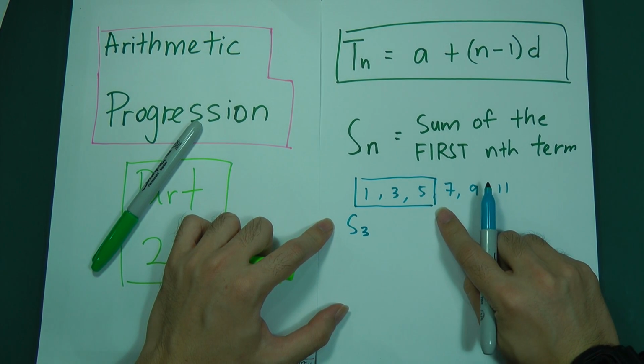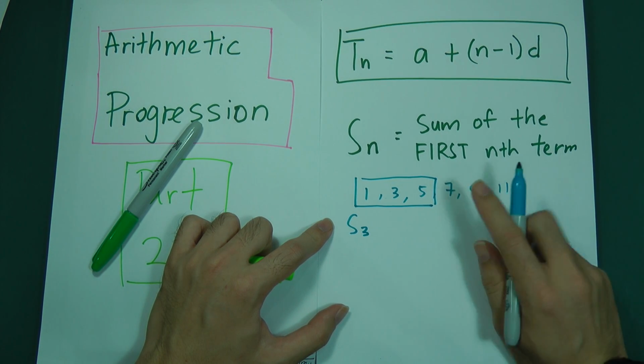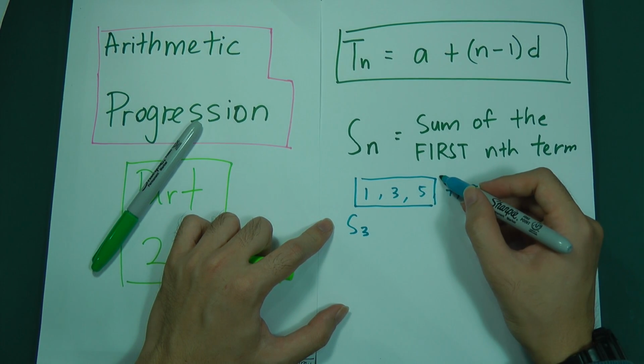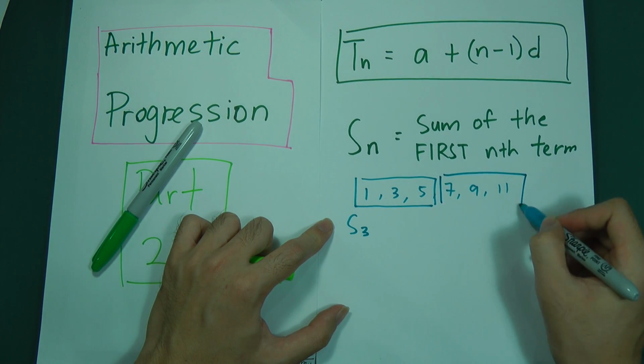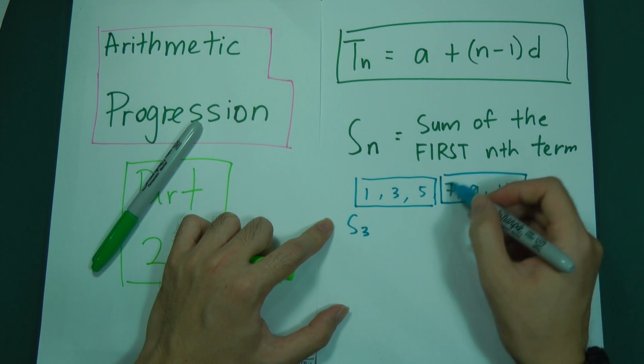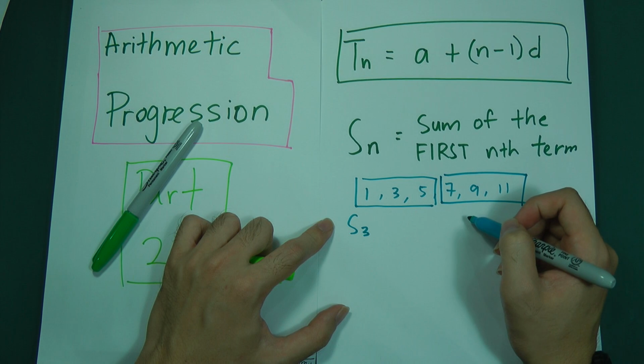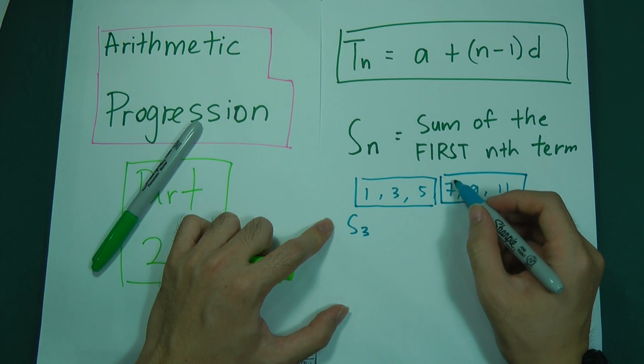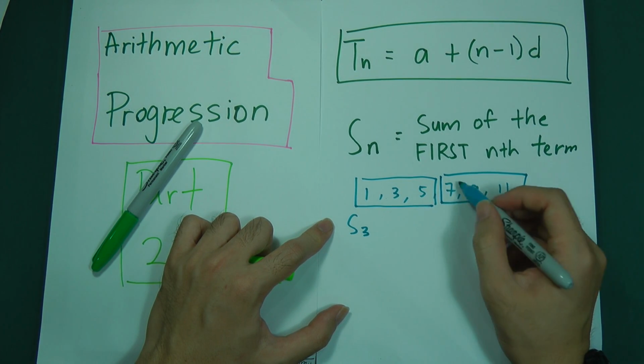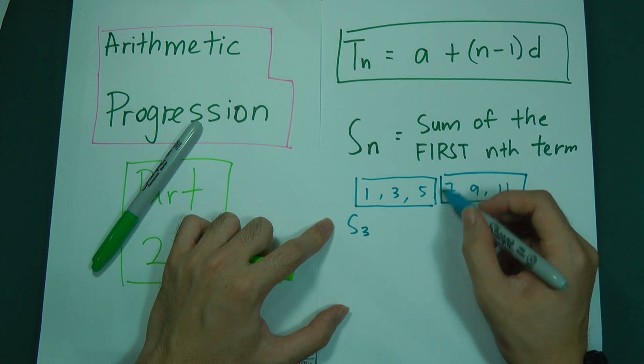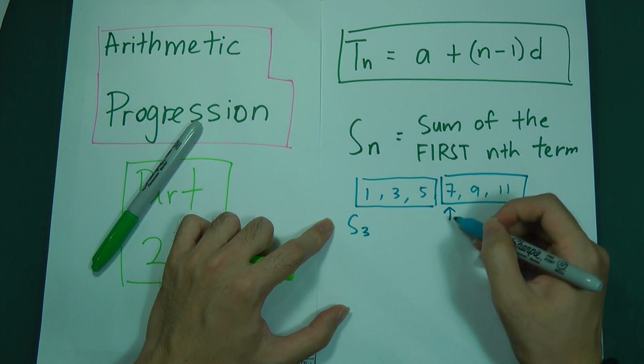If you want to add the last three terms, you can do so, but you have to change 7 to become a.